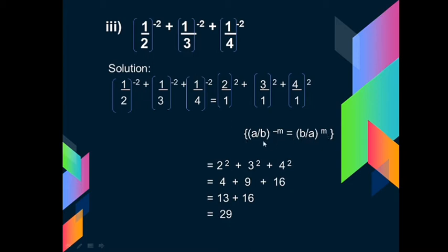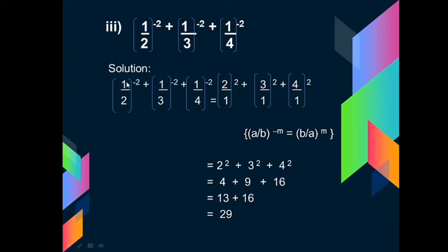So by using this law, when a fraction is given with a negative exponent as a whole, we have to make the exponent positive, and to do that we write the reciprocal of the given fractional number. So a divided by b will become b divided by a, whole raised to the positive exponent.